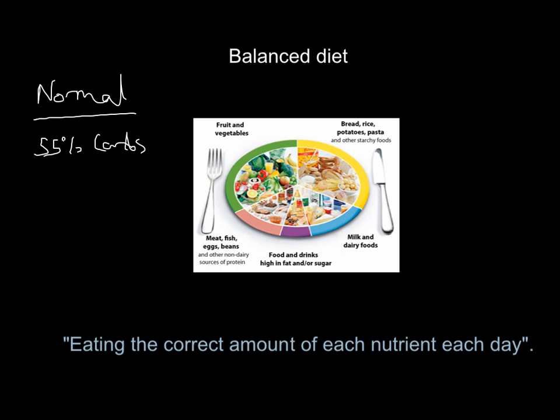Okay, so 55, just a little over half of what you eat every day should be carbohydrates. 30% should be fats. So you see the importance of fats. Just under a third of what you eat every day should be fat. The problem is we eat more than that generally. Okay, which leaves 15% to be protein.